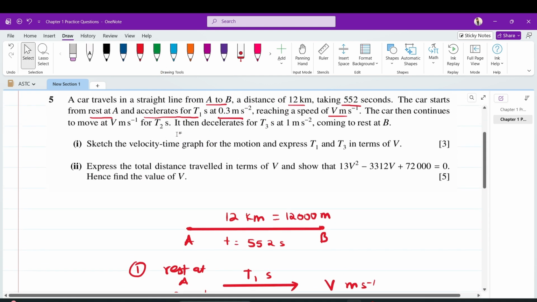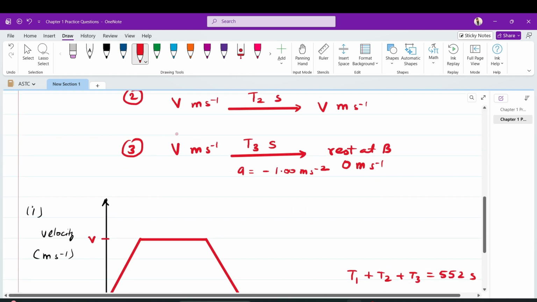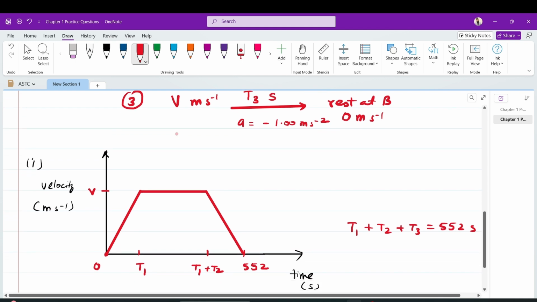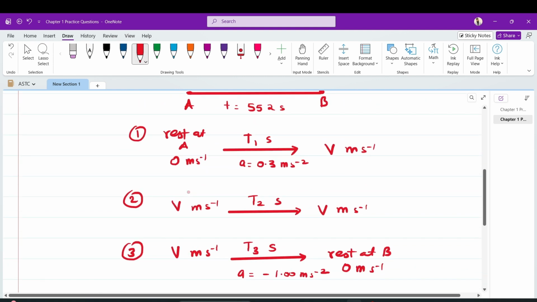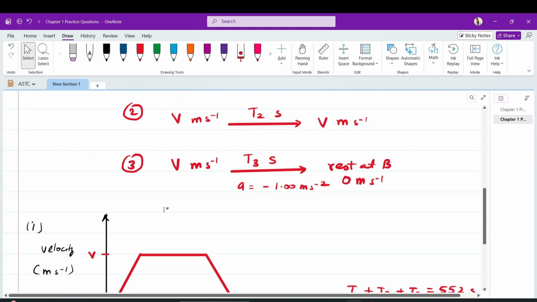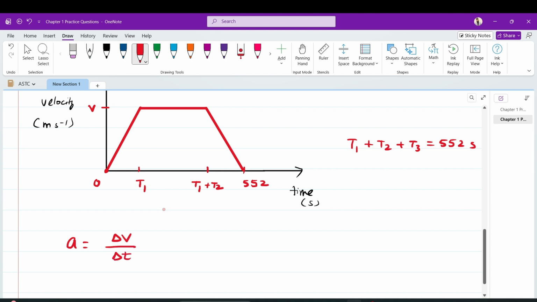Now the second part, it says that express t1 and t3 in terms of v. Okay, so we need to express t1 and t3 in terms of v. All right. Now t1 is the time during the acceleration. So we know what the acceleration is, isn't it? It was given to us that it is 0.3 meters per second square. So I can use the formula: acceleration is equal to change in velocity over change in time.